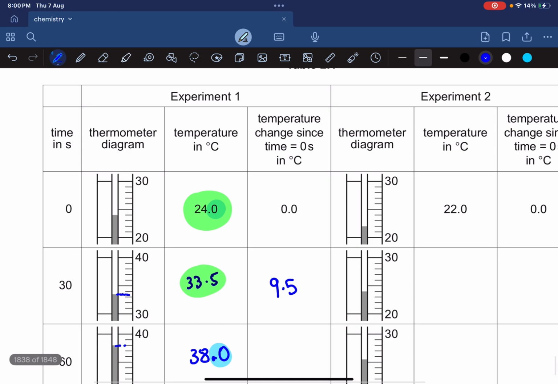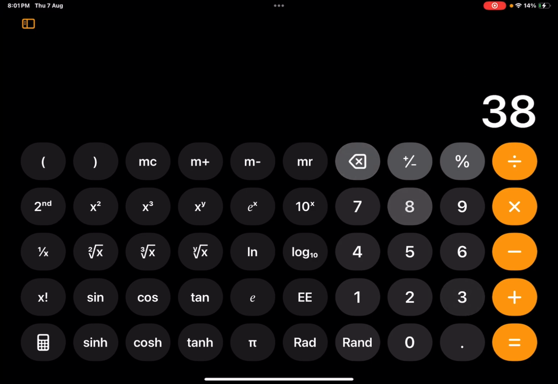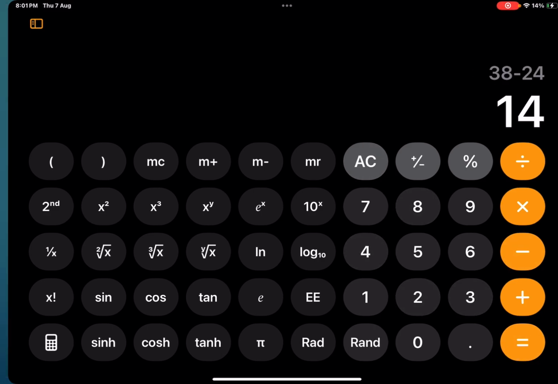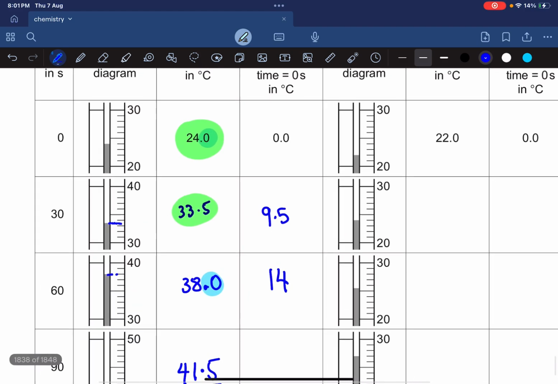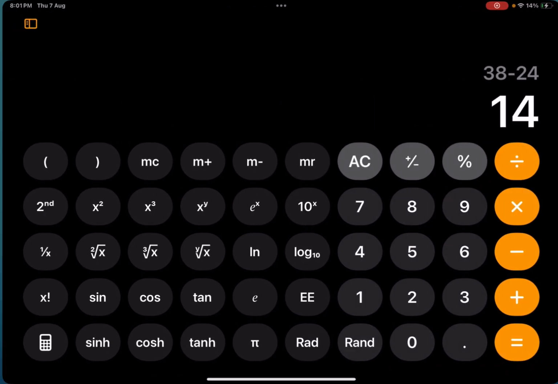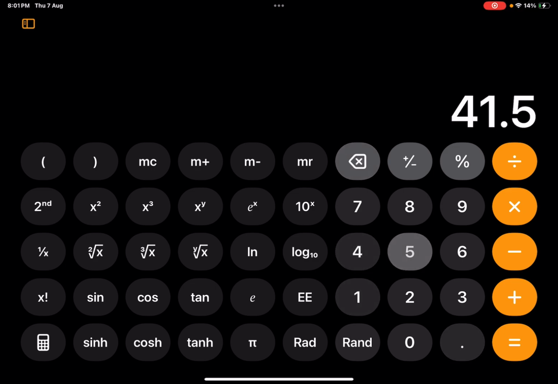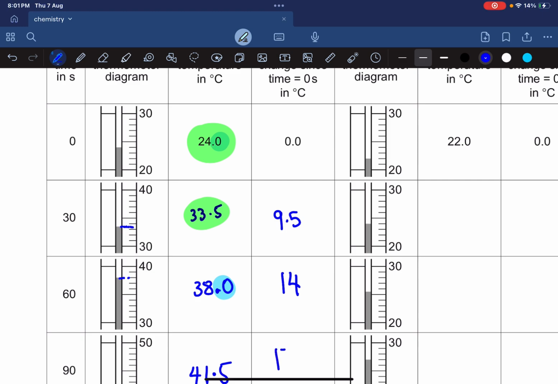So now 38 minus 24, that gives me 14. 41.5 minus 24, and that gives me 17.5. Put a 0, don't forget to put a 0.